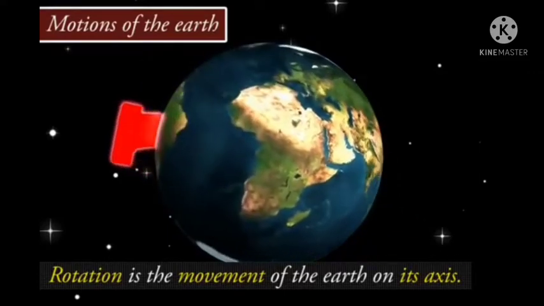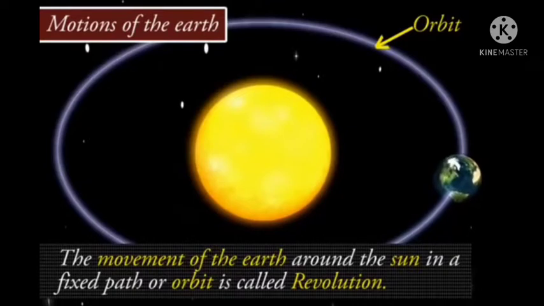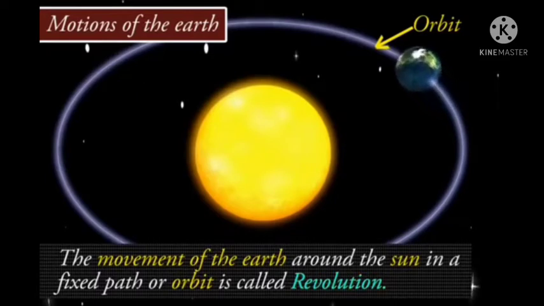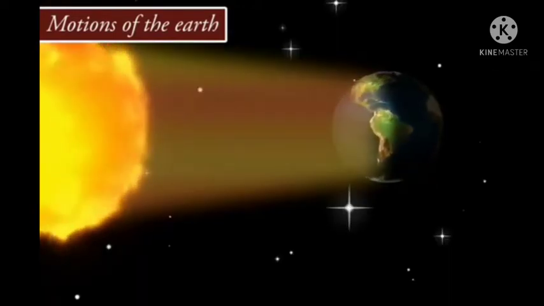Rotation is the movement of the earth on its own axis. Revolution, the movement of the earth around the sun in a fixed path or orbit, is called revolution. Here I am showing you how the earth is revolving around the sun.